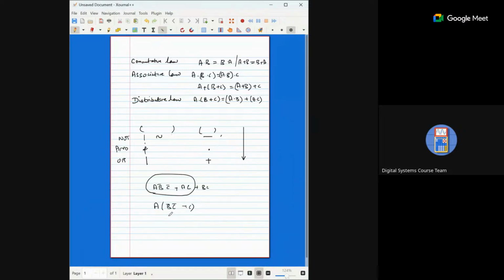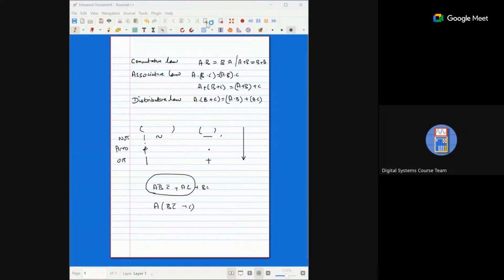The same distributive law can also be used for converting SOP to POS, sum of product to product of sum. We will discuss this shortly.